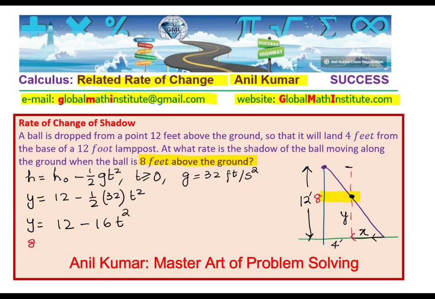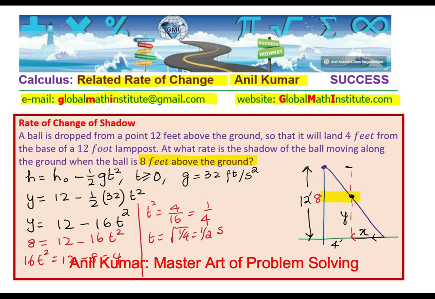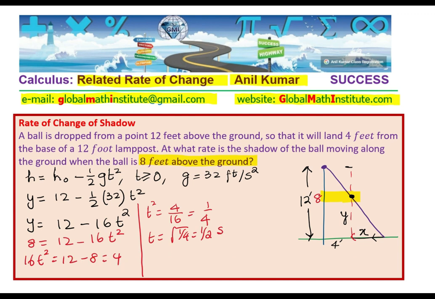So if I put 8 as the height, I get 12 minus 16 t square. 16 t square equals 12 minus 8, which is 4. And now we can solve for t, which is t square equals 4 over 16, which is 1 over 4. So t will be equal to square root of 1 over 4, which is half second, right? So after half second, the height of the ball is going to be 8 feet. Is that clear to you, right?